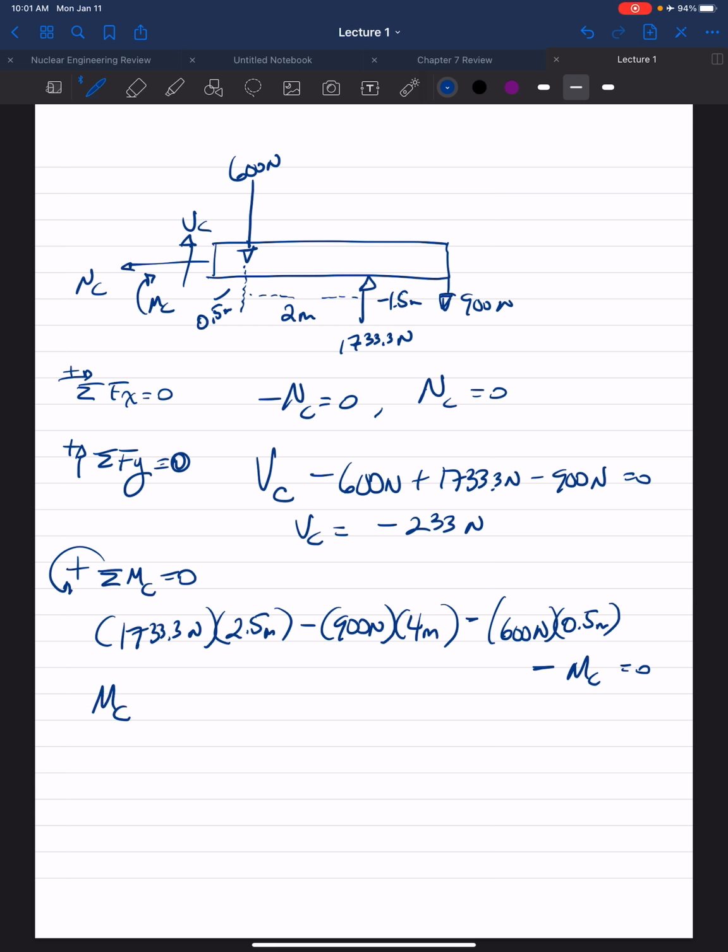Solve for M sub C, 433 Newton meters. And with the negative value for V sub C, we know that the shearing force acts in the opposite sense to what is shown.